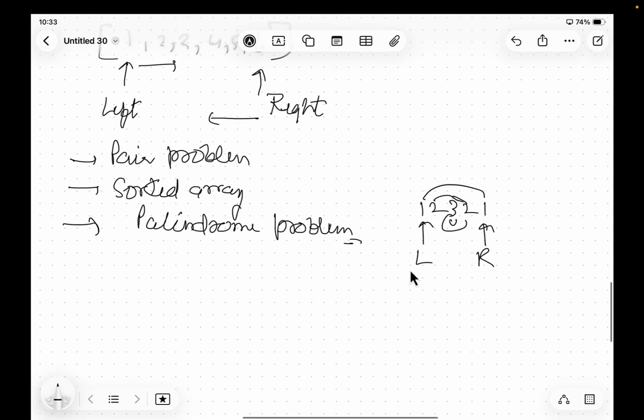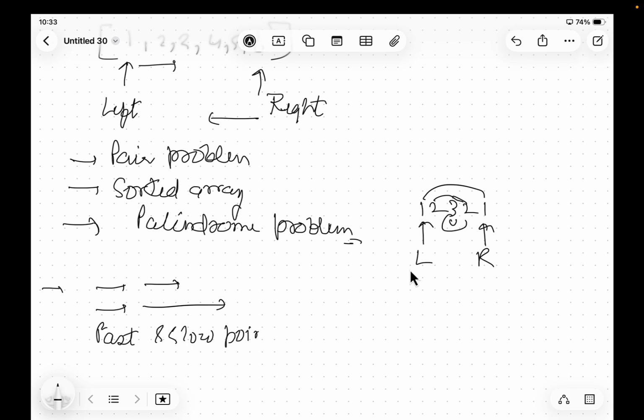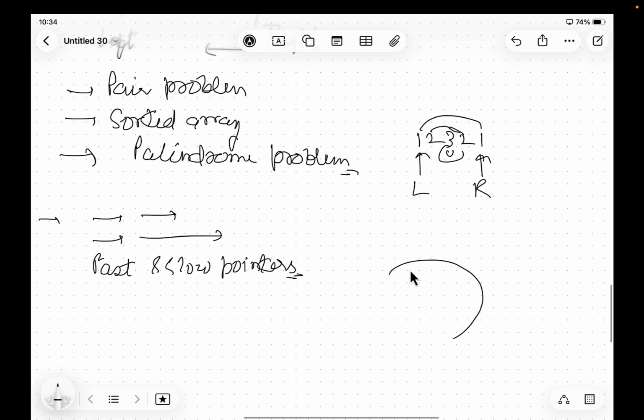Second, in the same direction there are multiple variations. You are moving at the same speed, or we are moving at different speeds. We normally call it fast and slow pointer. One moves faster than the other, and this is used in cycle detection. Say there is a round circle, and two persons, one moving with x speed and another moving with 2x speed.